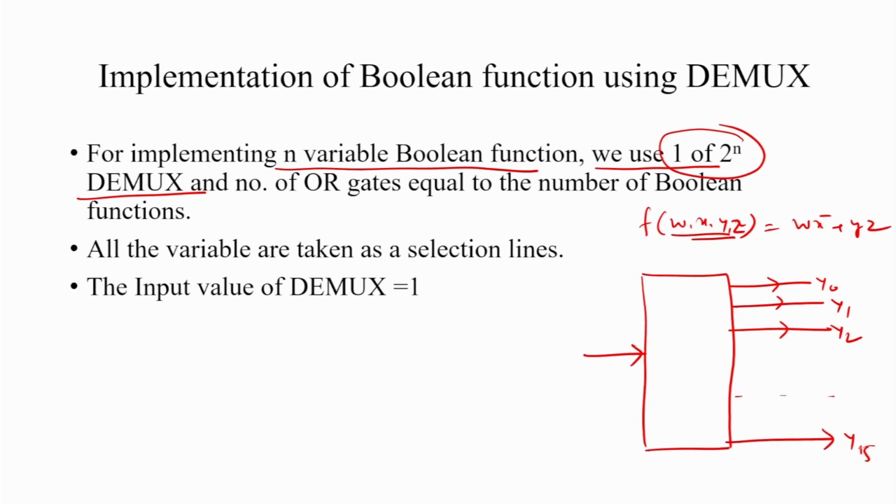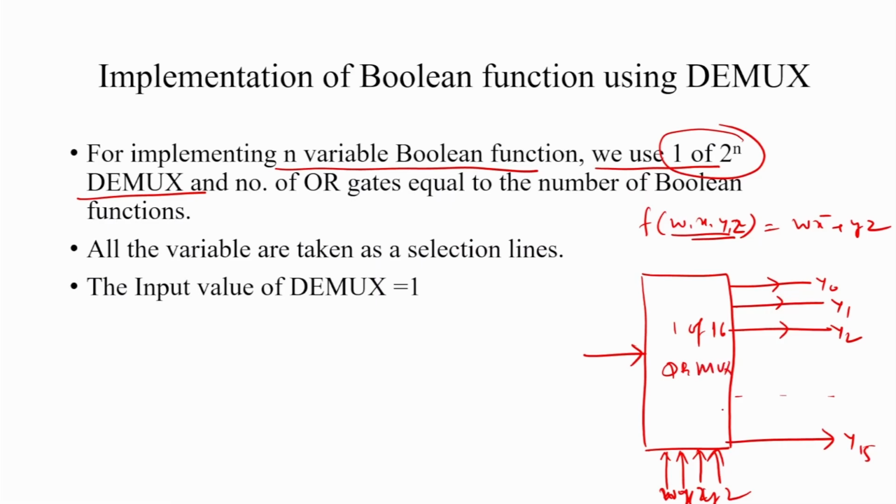Total 16 outputs are there. All the Boolean variables are taken as selection lines here, w, x, y and z. This is a 1 of 16 demux.